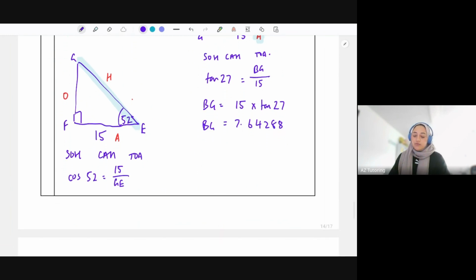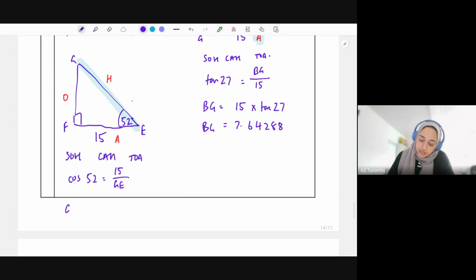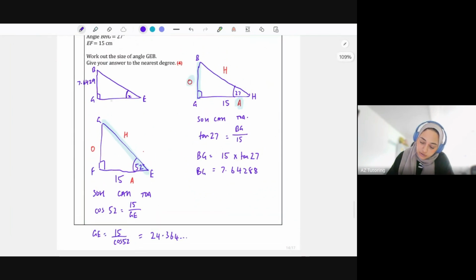So GE, that's what we're finding. So making GE the subject, that's 15 divided by cos 52. So GE, we get 24.364 continues forever.